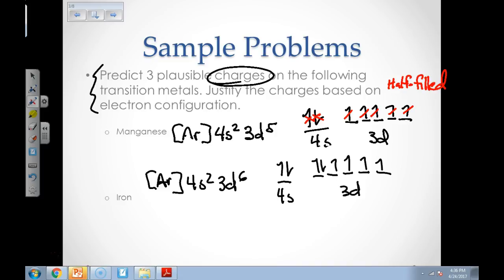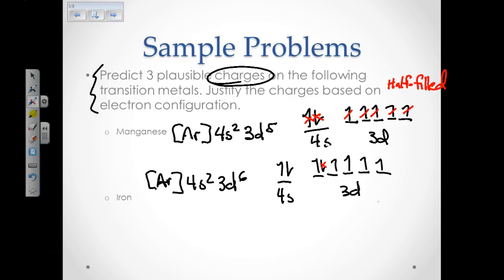Well, what if we lost 1 electron? Sure, that's going to give us Fe 1 plus. Again, this is filled, this is half filled. Now what if we lose 2 electrons? We're not going to lose a second one from here because that's going to make that what I call stupid filled. That subshell is definitely not going to want to be that way.